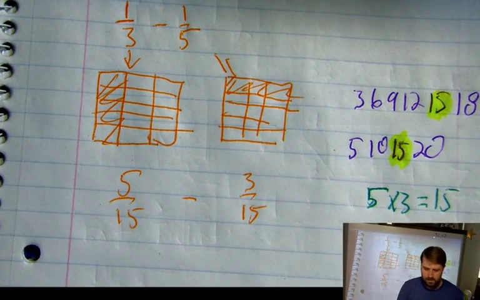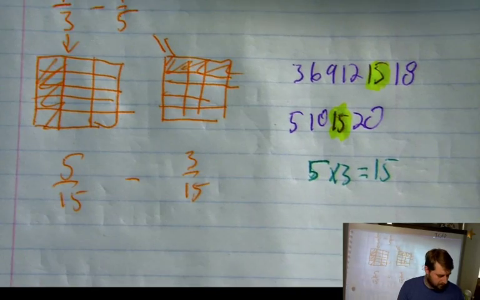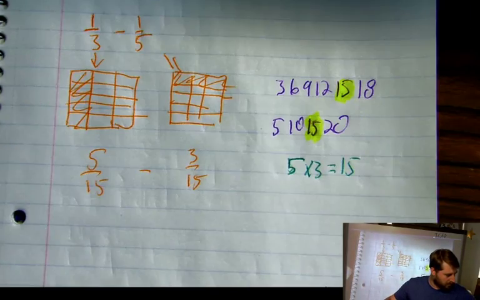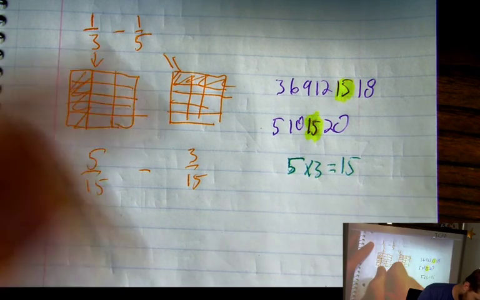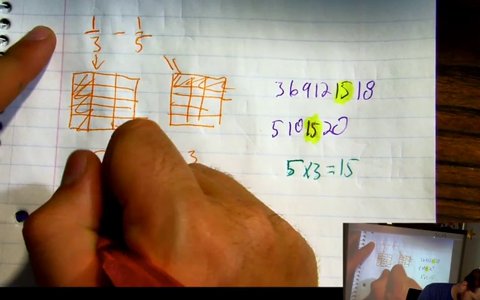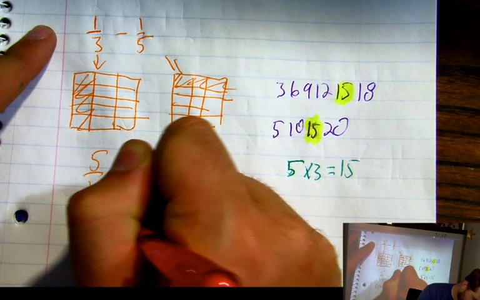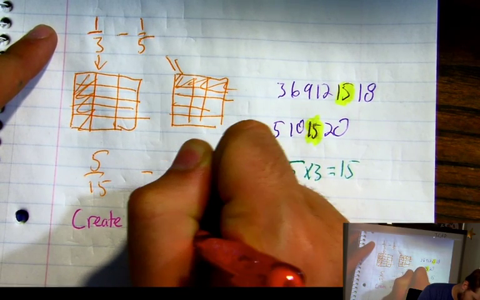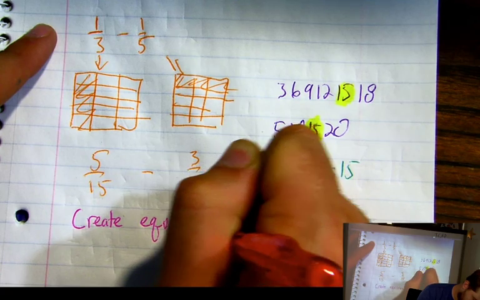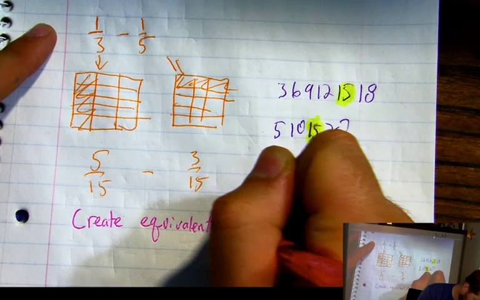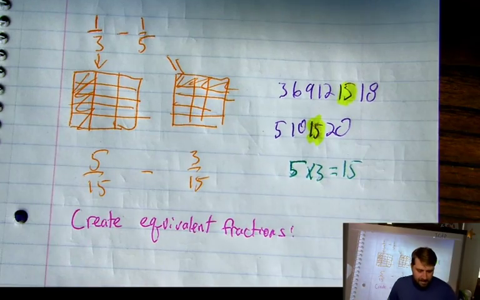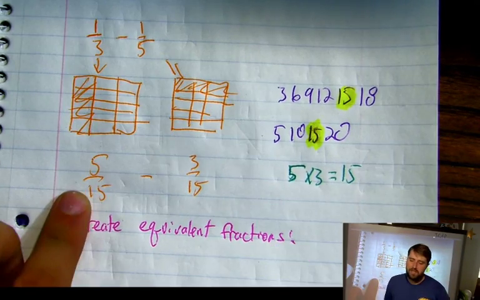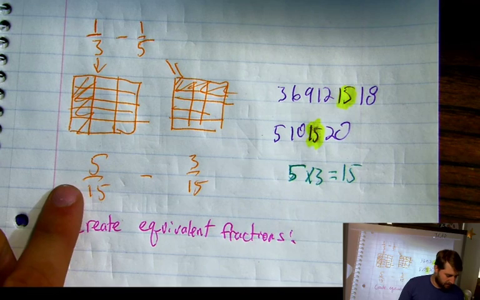So what are we trying to do here? What we want to do in order to be able to solve this problem is create equivalent fractions. So we did that up here with our rectangular fraction models.